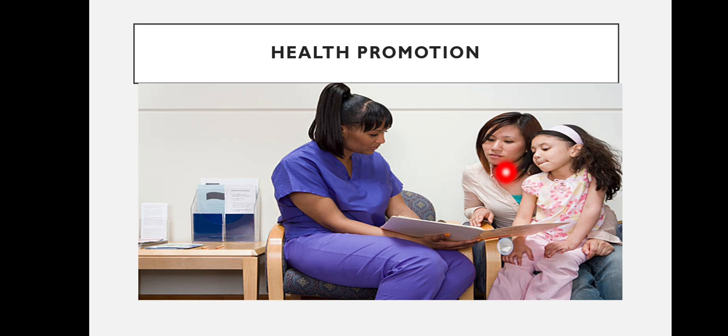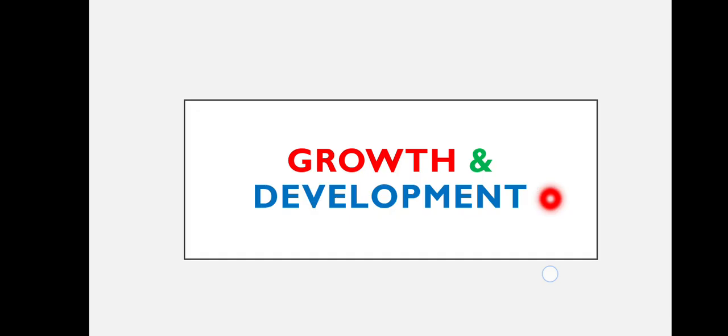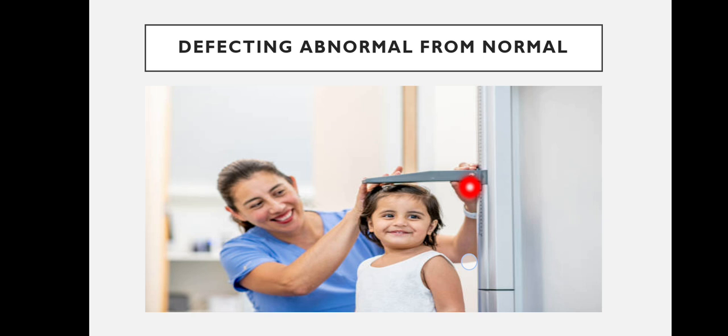If the mother comes with the child to the health facility and you as a nurse see that the child is not growing so well, or maybe the child looks malnourished, at that particular time, you can measure the weight, like this one, to detect any deviation from normal, detecting abnormal from normal.